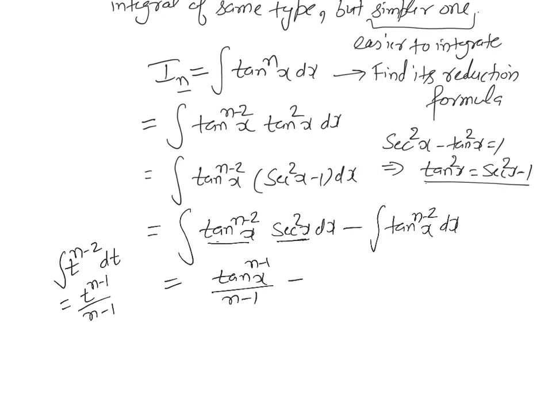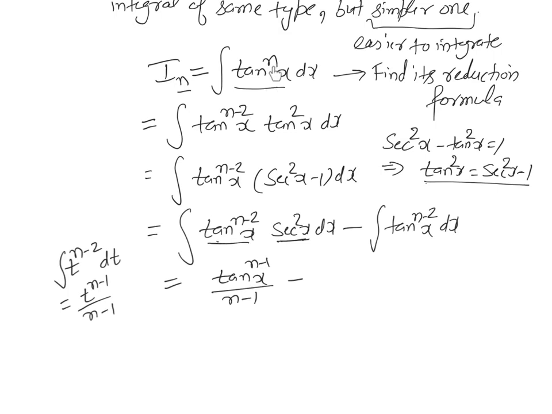the integral of the same given type, but a simpler one, in the sense that the given integral was having power n, and now this integral is having power n minus 2. So we have got the given integral related to a simpler integral.